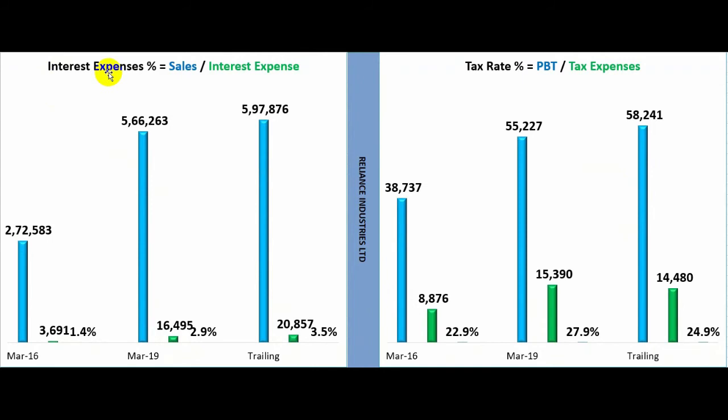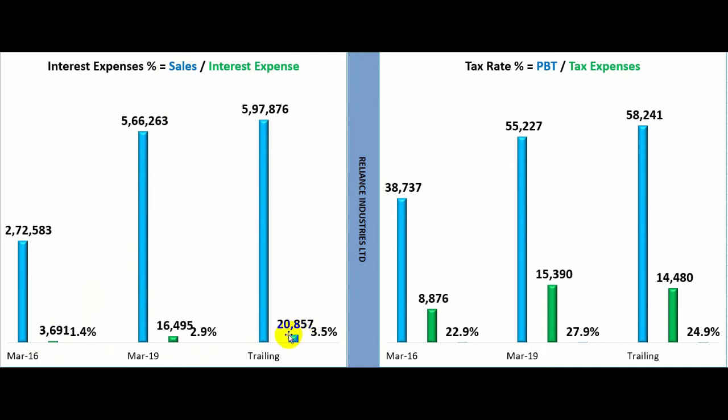Let us look at the interest expense as a percentage of total sales. Out of the revenue generated through sales, how much was the interest expense? In March 16, total interest cost was around 3,600 crores, which has ballooned in the last 4 years to 20,000 crores.